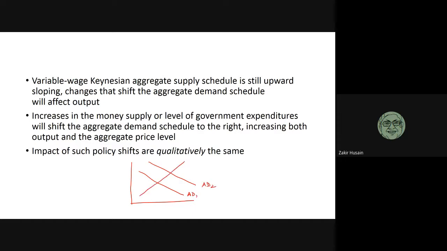The supply curve is positively sloped. So, in both cases, what you will see is price and output is going to go up. The only difference is, remember, this is rigid, and this was the flexible aggregate supply curve.